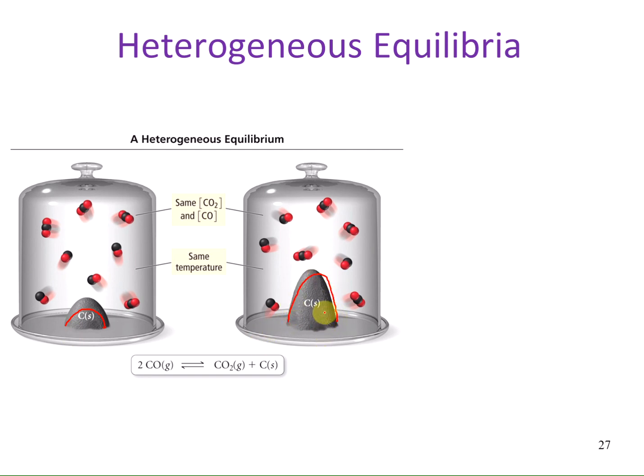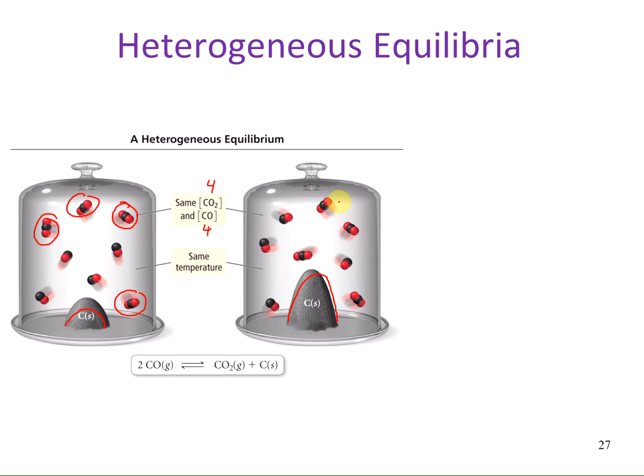Now the carbon solid, this is a pure substance. It's not going to interfere or change the equilibrium if I change the amount of carbon solid. This is because it's a pure substance. But we actually have a mixture in the gas phase. So let me count up the number of CO2. There's 1 CO2, 2, 3, 4. So we've got 4 CO2 and 1, 2, 3, 4 COs.